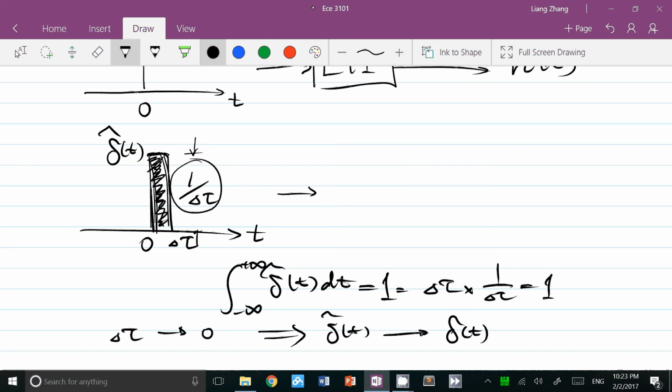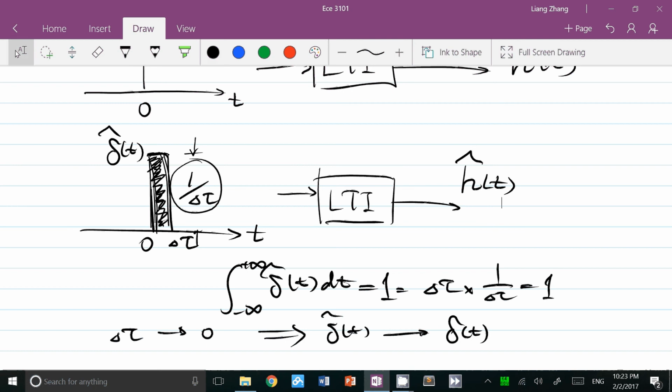Now, if this logic makes sense, and if we're putting this signal into the same LTI system, and let's assume the corresponding output we call h hat of t.